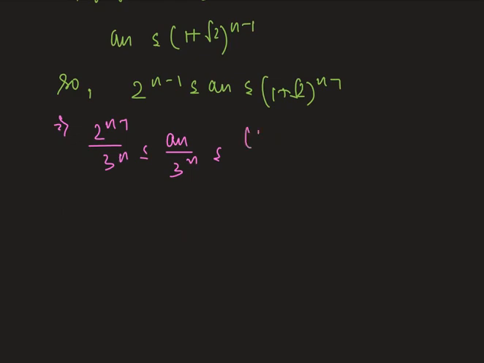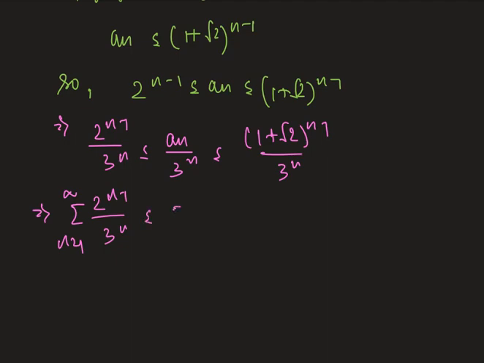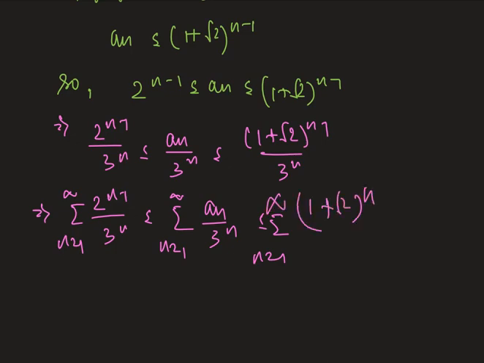That's why we divide all the terms in this inequality by 3 to the power n, and if we take the sum in each of these portions, we get the sum of a_n divided by 3 to the power n, where n equals 1 to infinity, is less than or equal to the sum of 1 plus root over 2 whole to the power n divided by 3 to the power n multiplied by 1 divided by 1 plus root over 2.